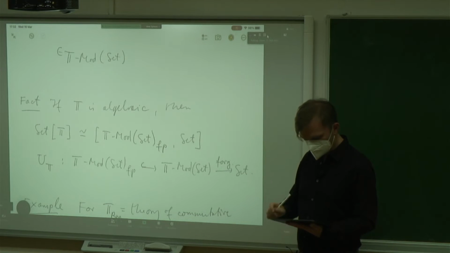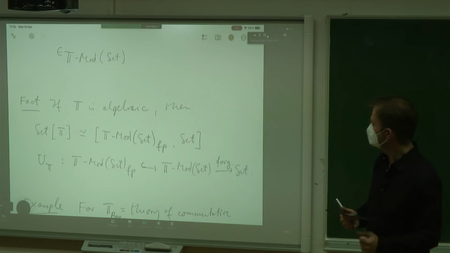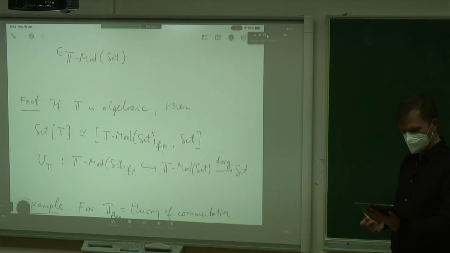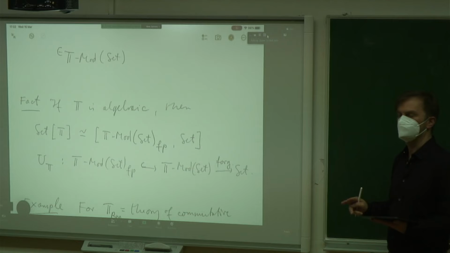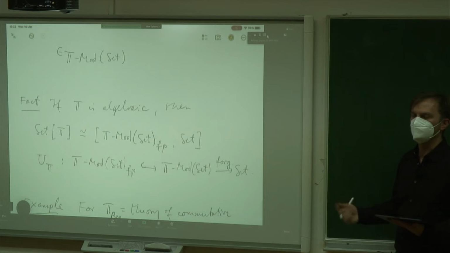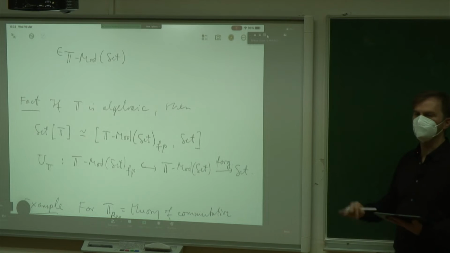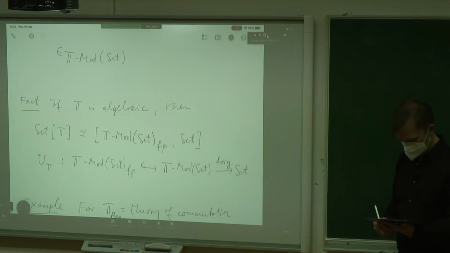Okay. So let me now show you a couple of examples of what these classifying toposes look like, and I announced that we would be going in the direction of developing algebraic geometry in a topos. So I'm going with examples leading towards algebraic geometry.